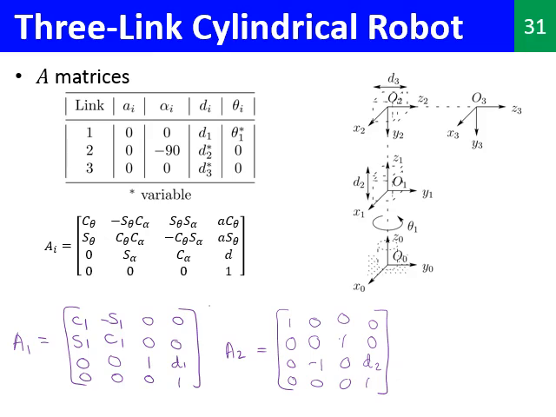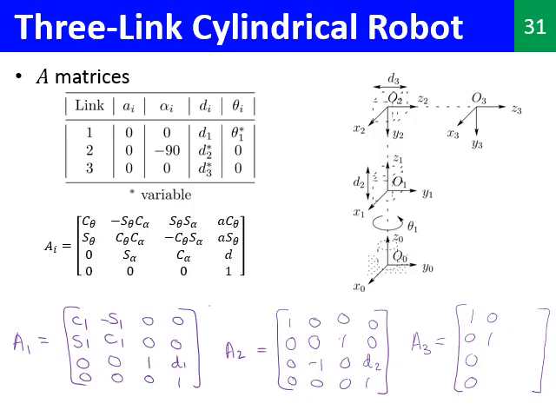And finally, by looking at the third row of the DH table, we can generate A3. So we have cos 0 is 1, sin 0 is 0, and two more zeros here. Second column, minus sin 0 is 0. Then we have cos 0 and another cos 0, that's going to be 1.